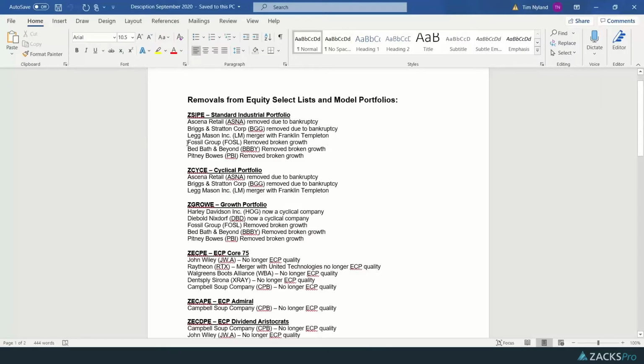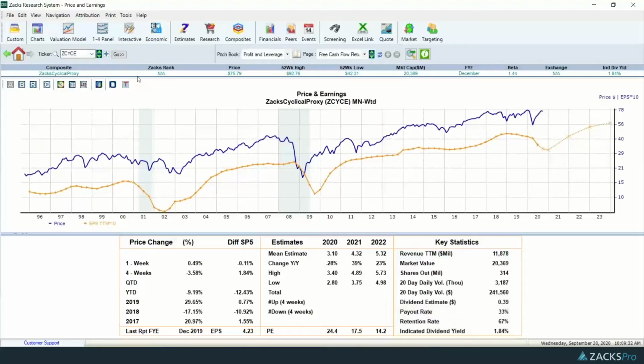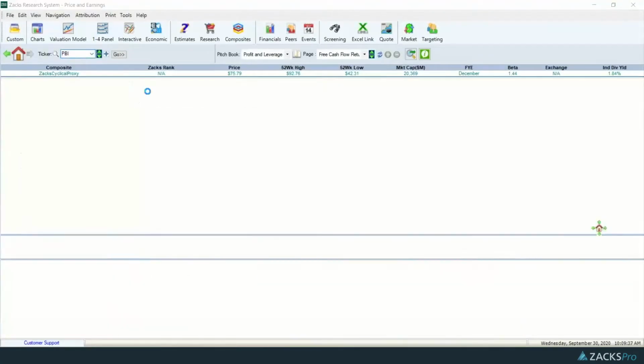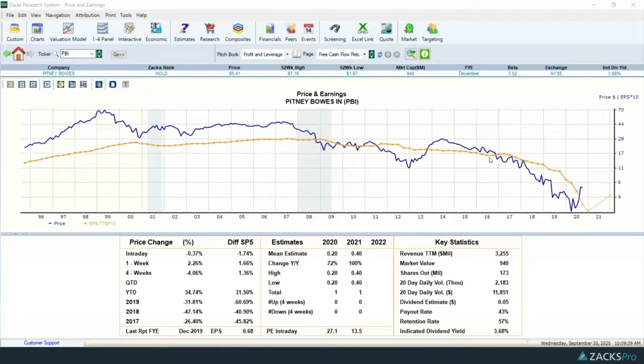The ones that I want to review are the Fossil Group, Bed Bath & Beyond, and Pitney Bowes. And just to show you very briefly what these names look like from a price and earnings perspective, you can see that we've got a significant broken growth story here with Pitney Bowes. As far as serving any analytical relevance for our portfolios in terms of the standard industrial portfolio, growth or cyclical, there's just really no place for this name any longer.